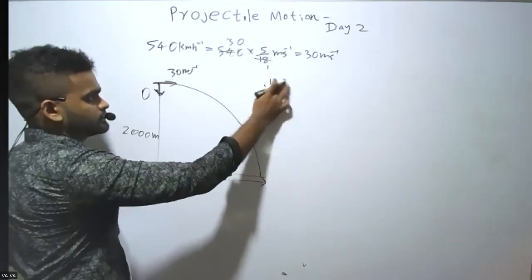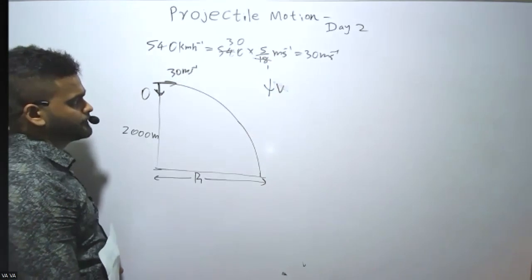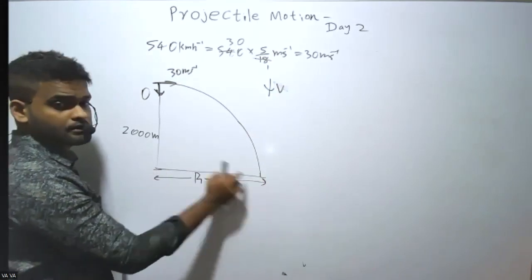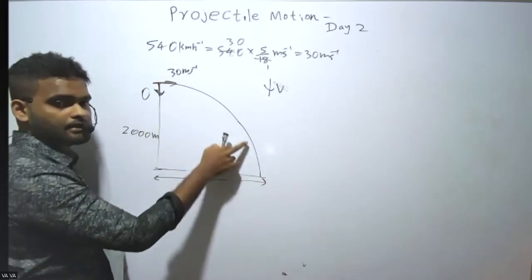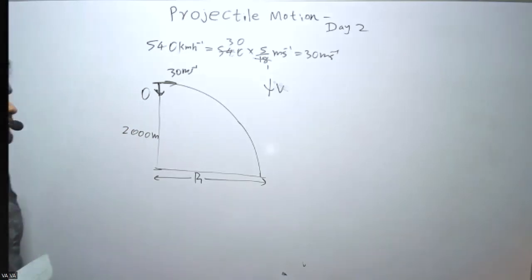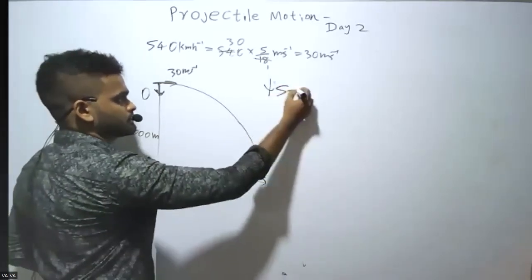So which one should we apply? In order to find this, you need to get the flying time. To get the flying time, which equation can we apply? This one.